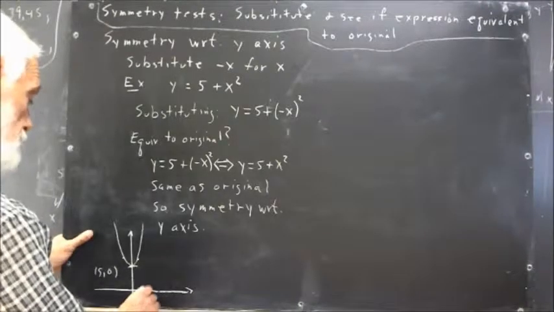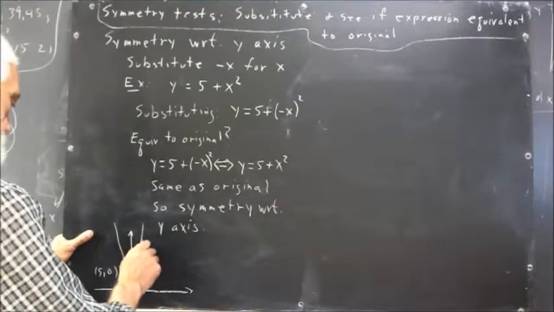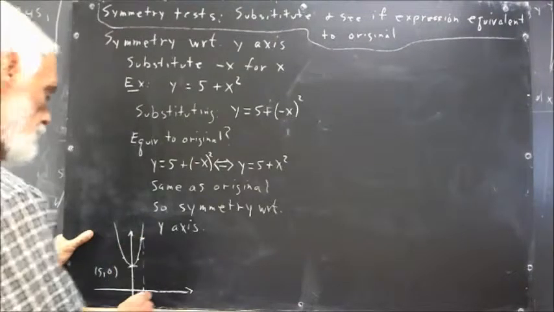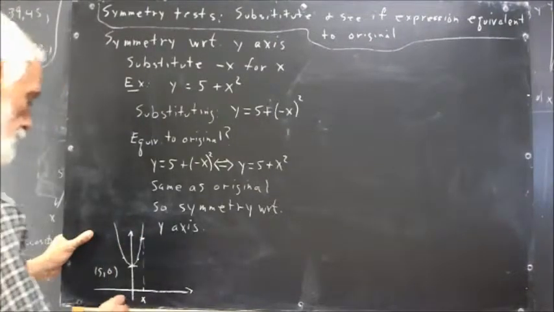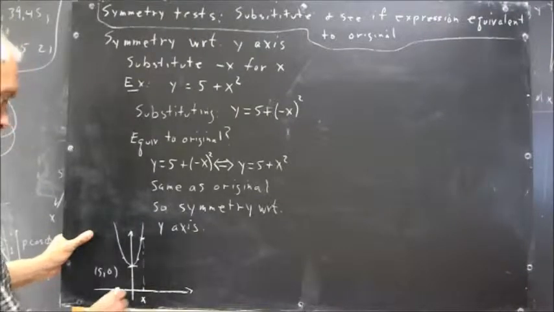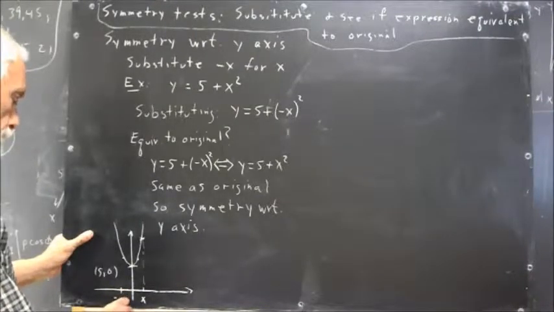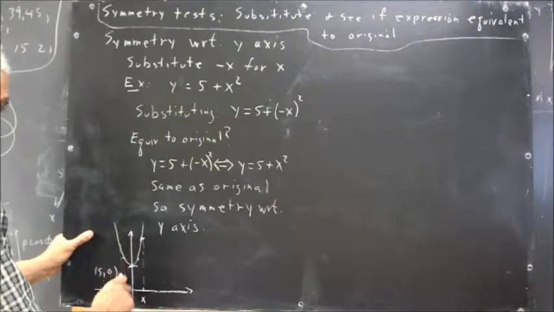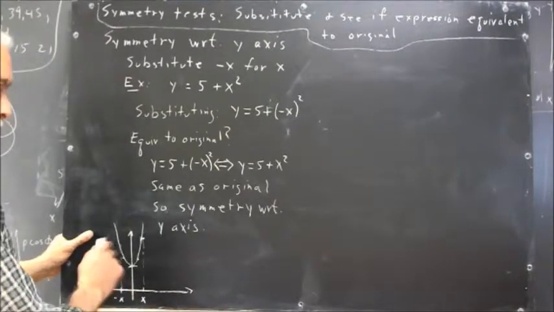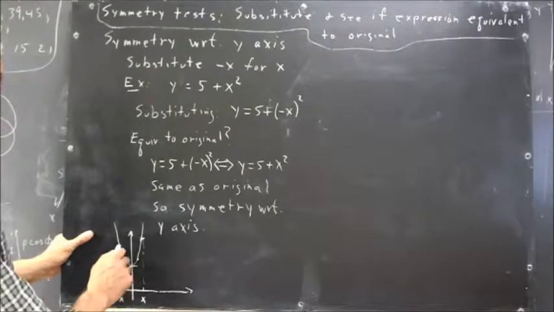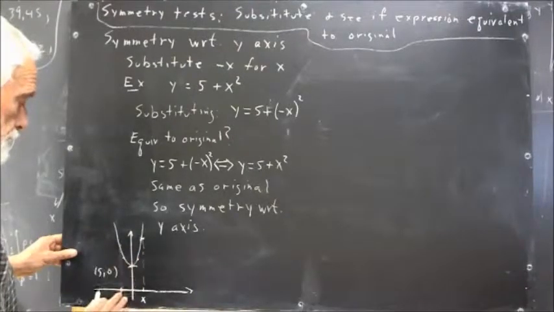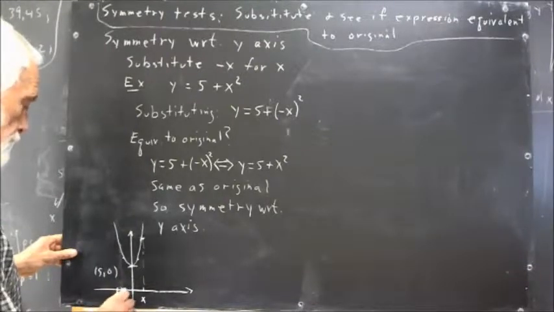If I have a value x here and project up to the point on the graph, and then I have negative x over here, and I project up to the graph from this point negative x, well, I didn't draw the graph too well. Negative x has to be just a little further from the axis than that.